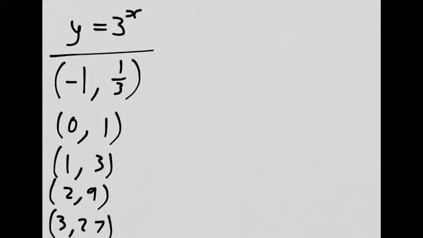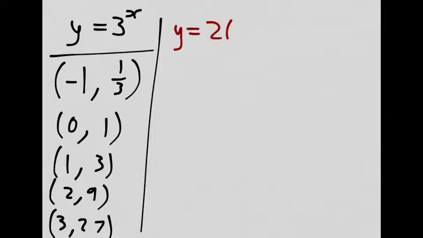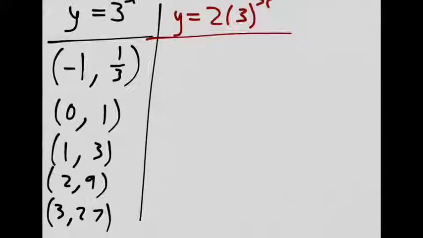The first transformation we're going to do is the vertical stretch. So let's do that first. How does that affect these points? Multiplies the y coordinates by 2. Good. So the first coordinate is going to become -1, 2/3.